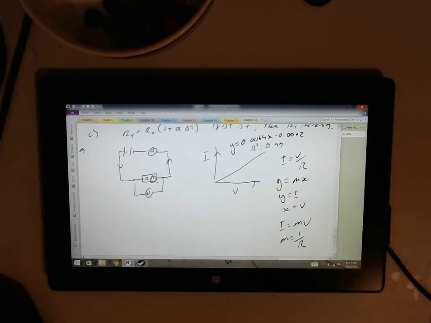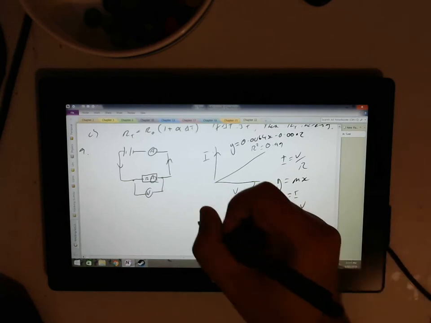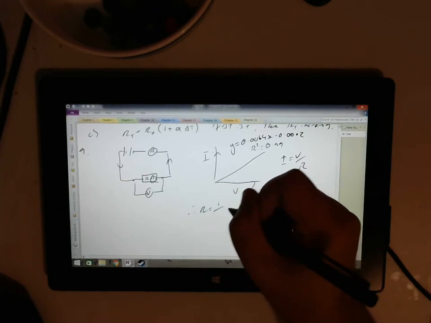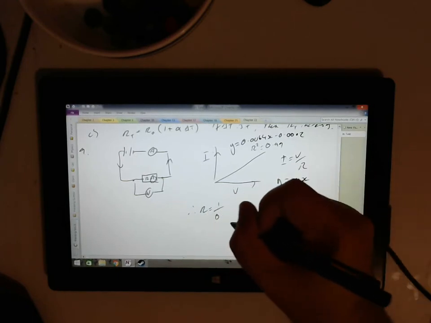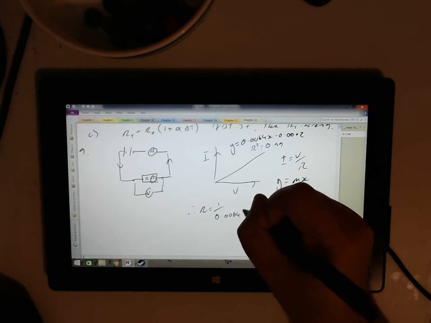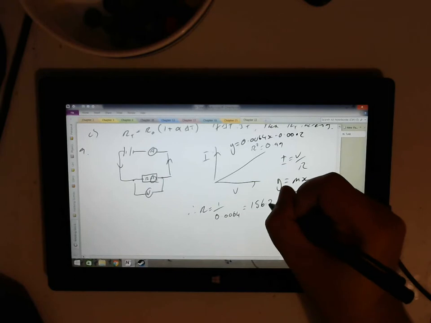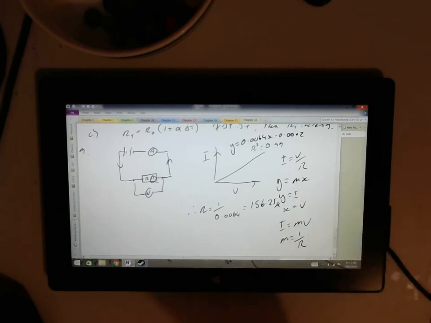And we just said m is equal to 1 over R. Let's work that out. R equals 1 divided by 0.0064, which equals 156.25 ohms.